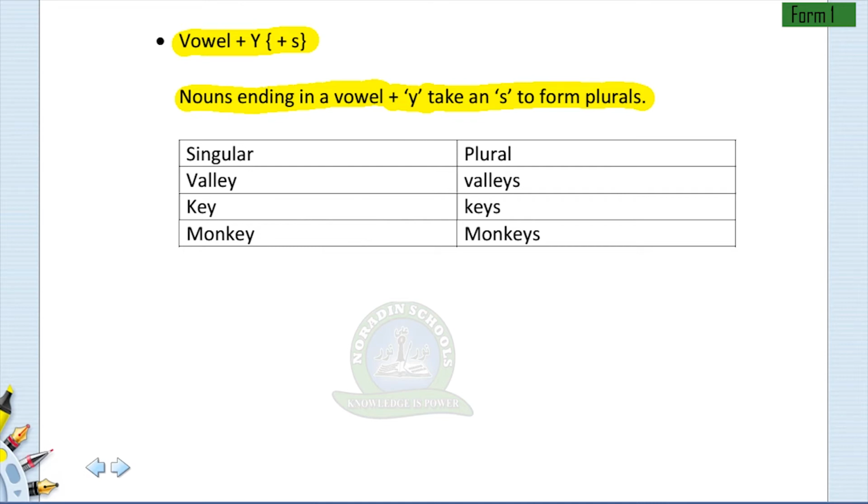For example, valley. Now here we have y preceded by e, and e is a vowel. Therefore, we add only an s to form the plural. Valleys.